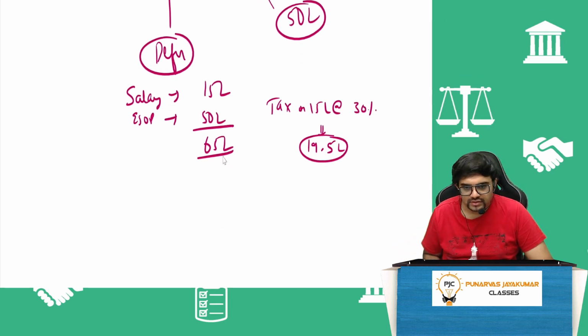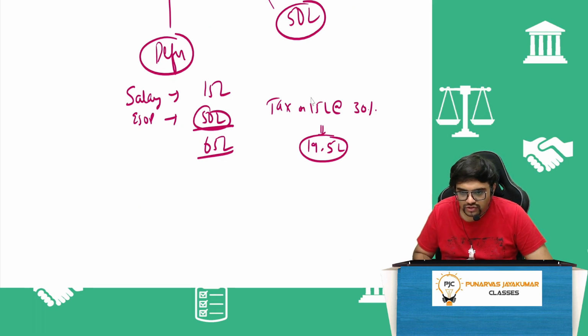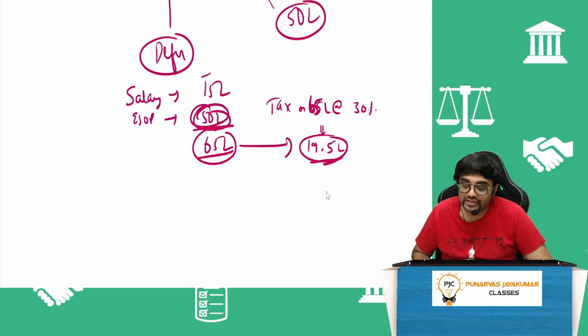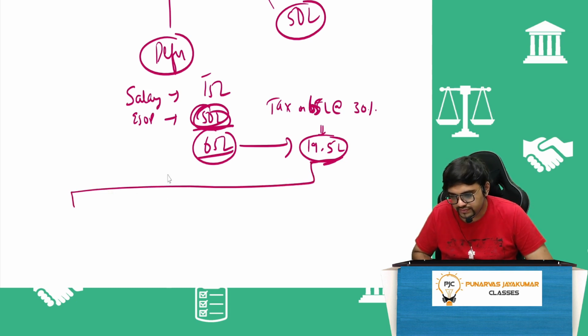But sir, tax on overall 65 lakh is how much? 19.5 lakh it will come. This one, sir, 15 lakh you leave, but this part, that 50 lakh extra, kindly defer it.